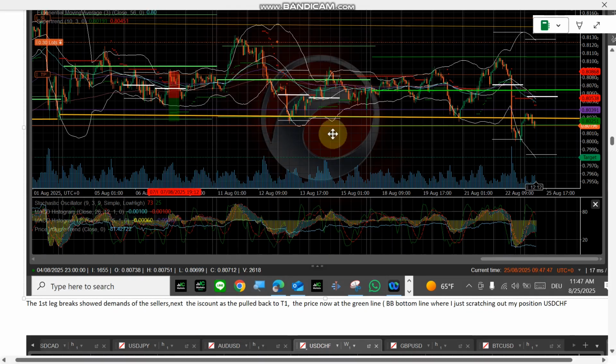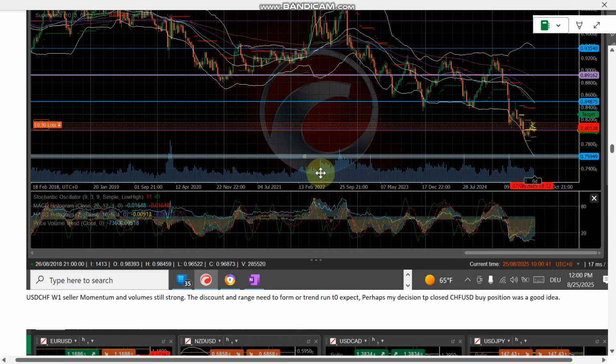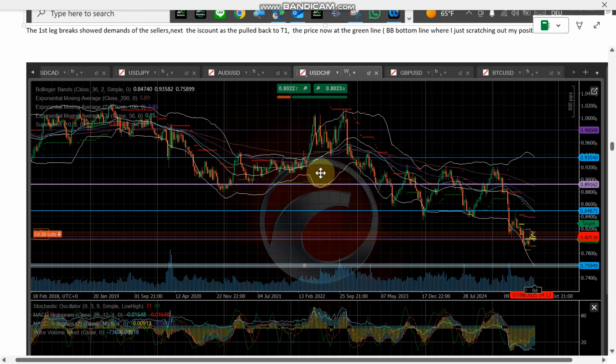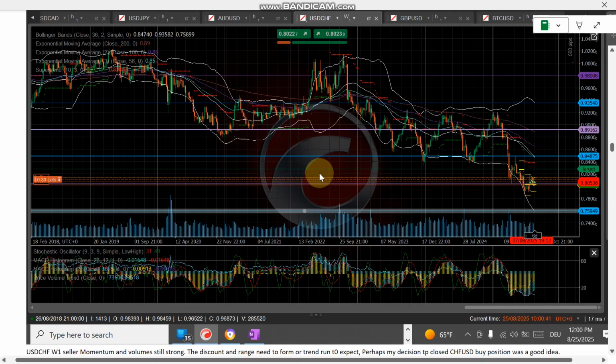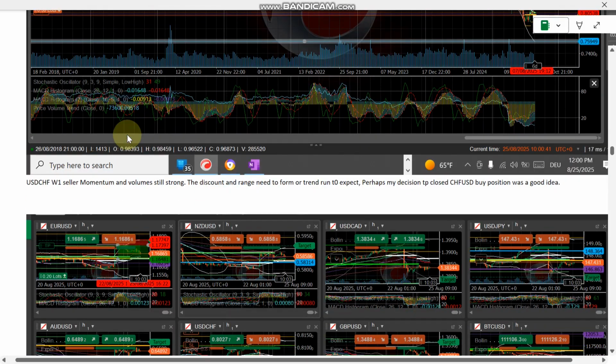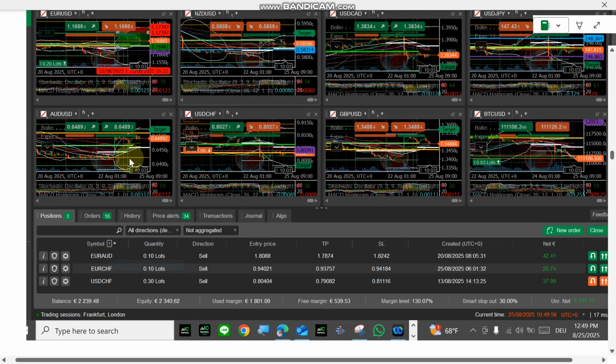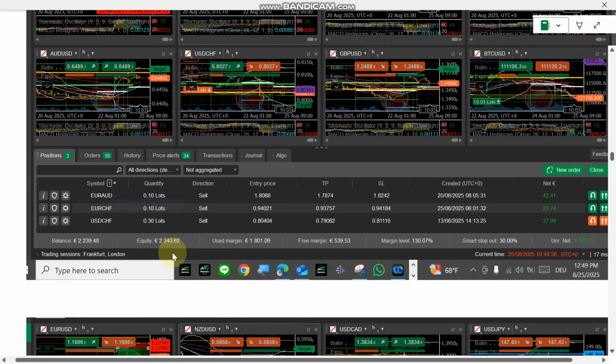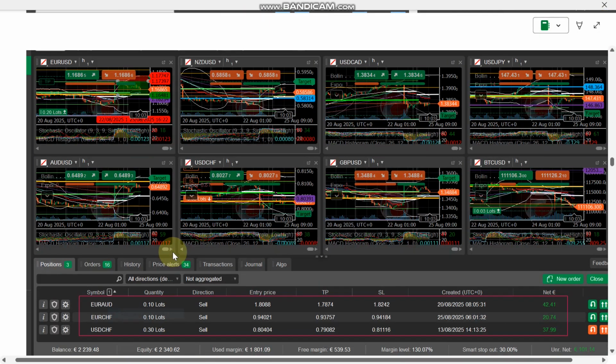Okay, you can't take it away, it's a picture. Anyway, US Swiss franc: I closed the position, and on the other account I didn't close it, I still let it run, and it still runs. I don't know, too many pairs to check.